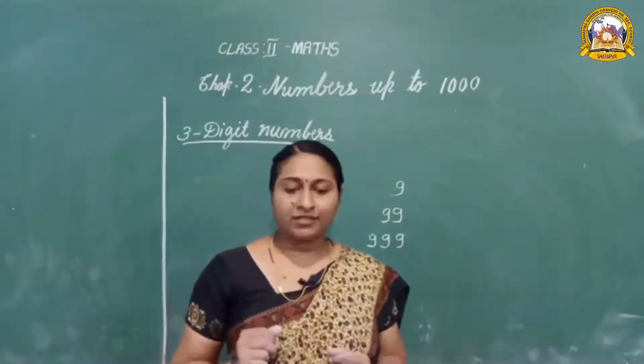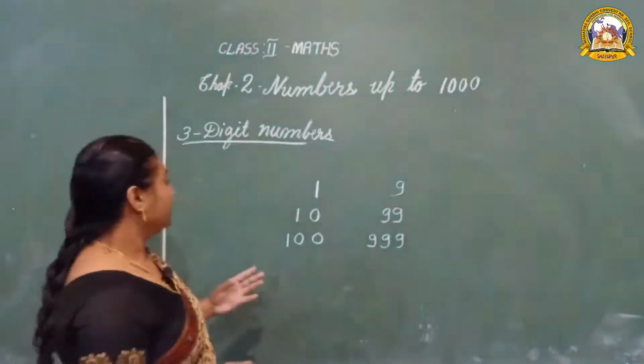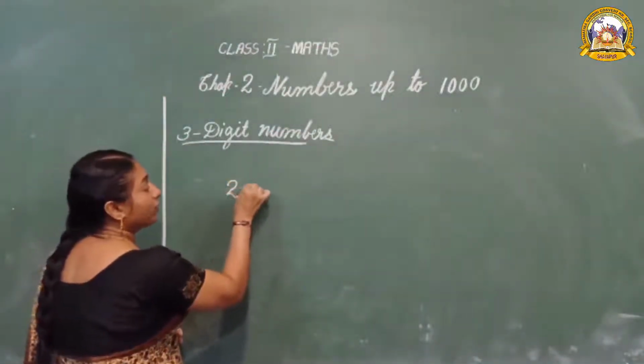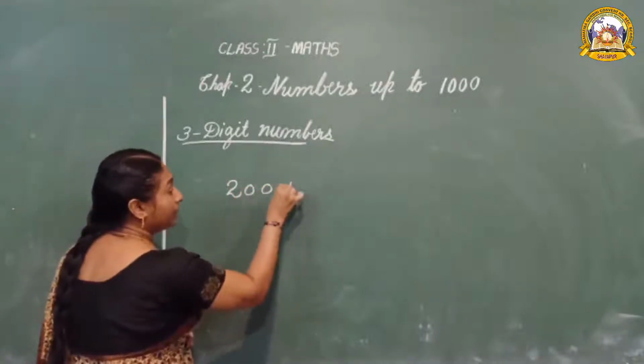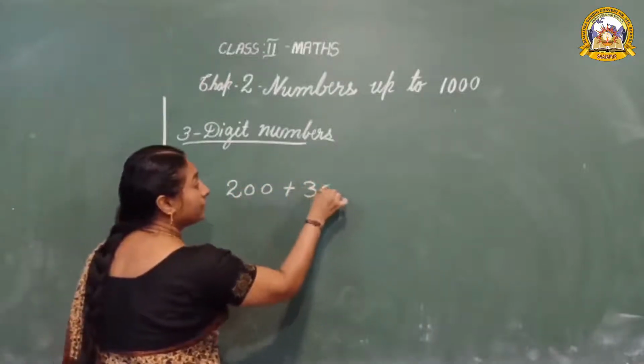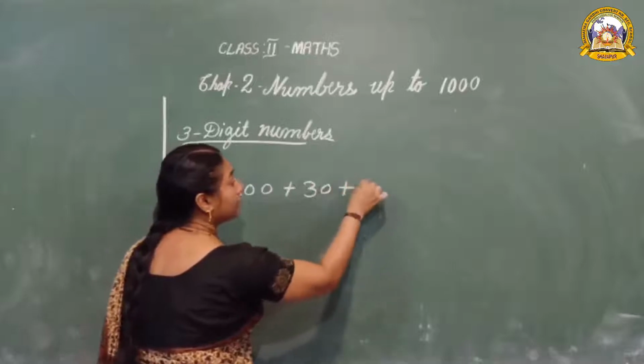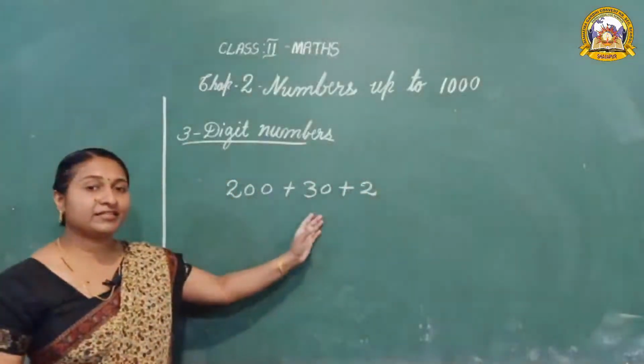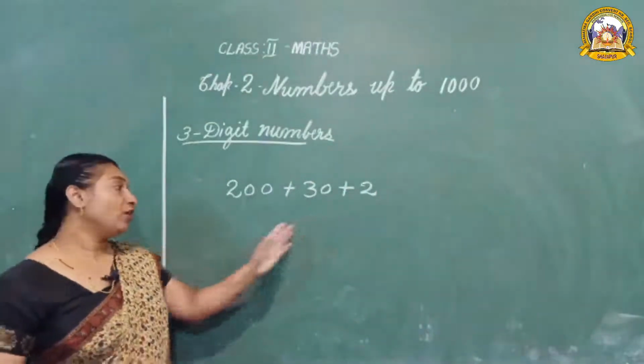Let us understand some 3-digit numbers. Children, can you say 200 plus 30 plus 2, how can we write it? Already you know.